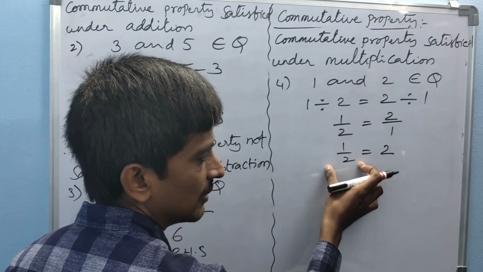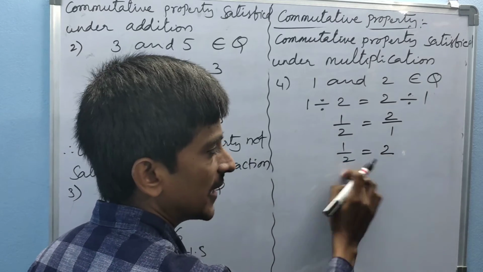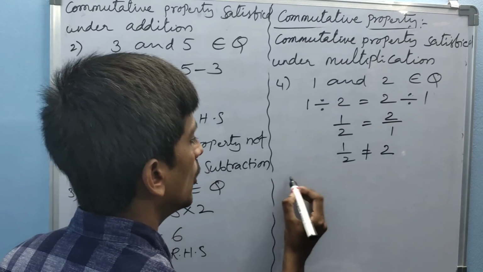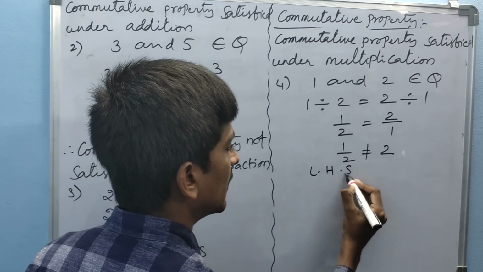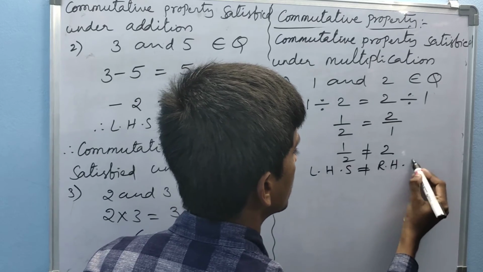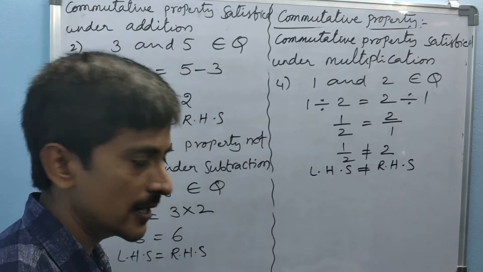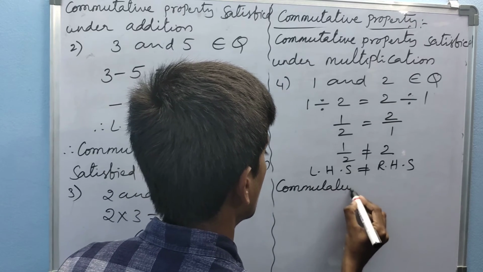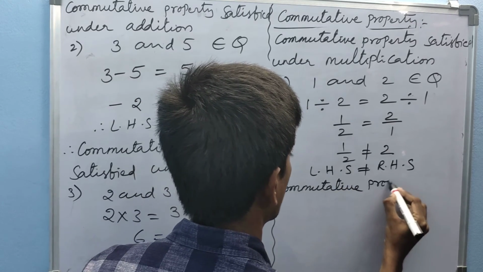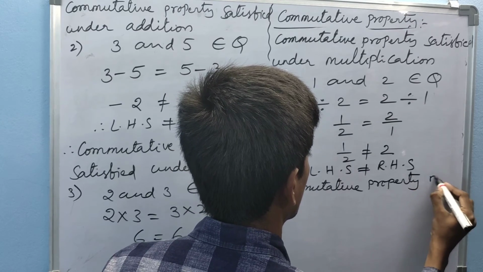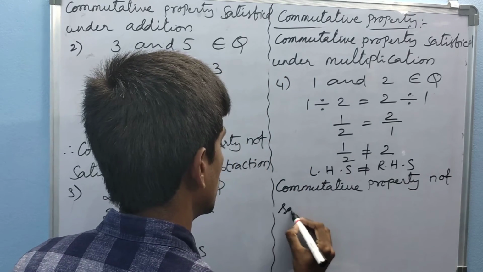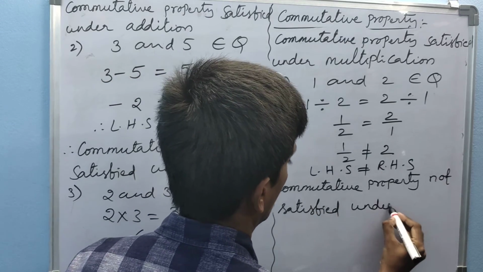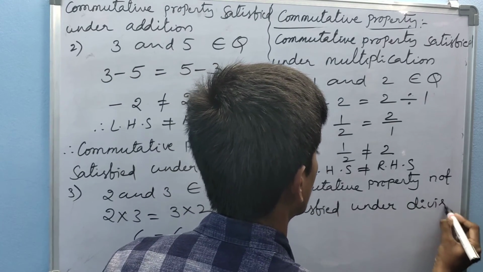This is the half value, this is the 2. Are both equal or not? Not equal. So LHS not equal to RHS. So commutative property is not satisfied under division.